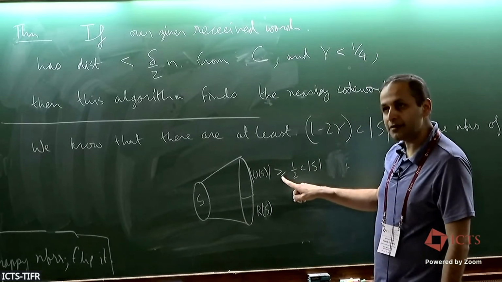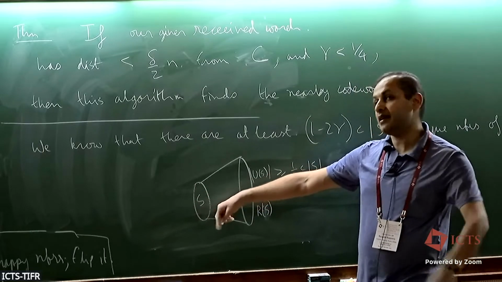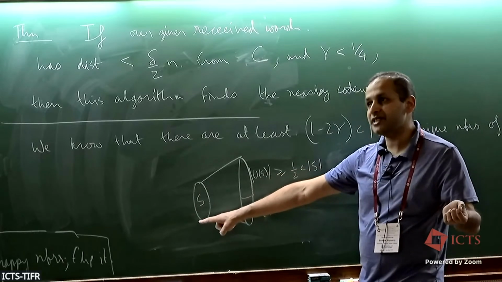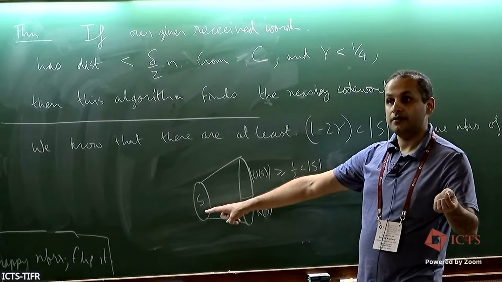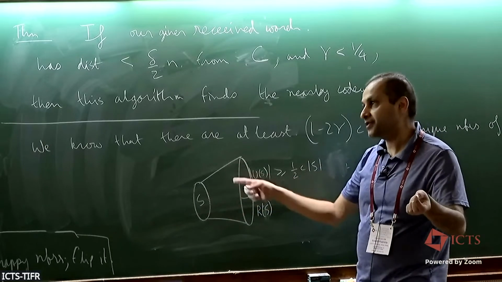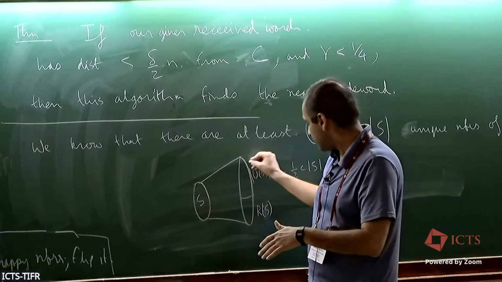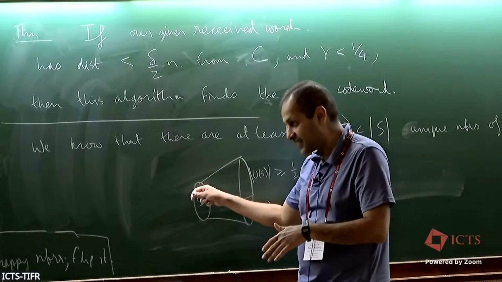If the unique neighborhood is at least half CS, each vertex here has some number of unique neighbors of its own. There must be at least one vertex here which has at least half C unique neighbors. The total number of unique neighbors are always assigned to particular vertices here. Each unique neighbor here is unique to one of these guys.